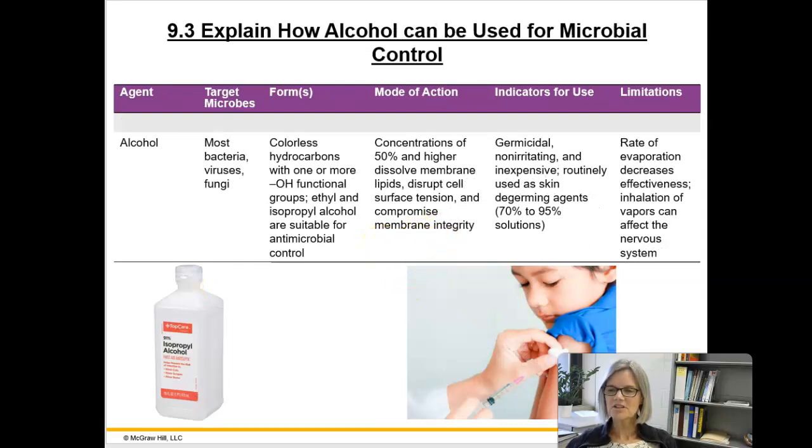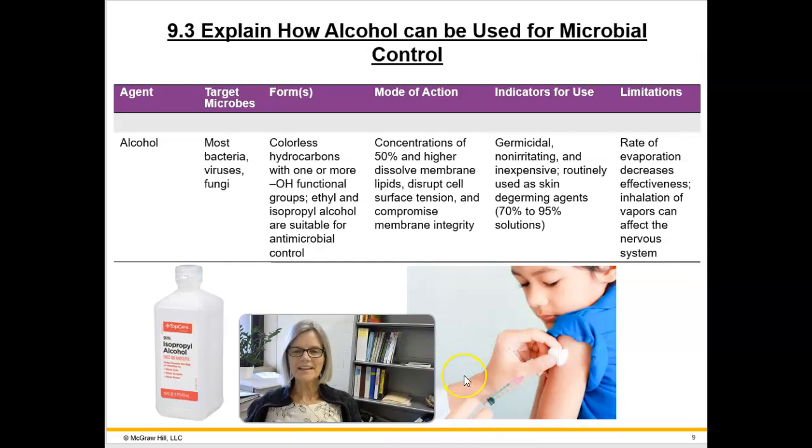The next chemical I want to talk about is alcohol. And again, alcohol is one of those we have at home. It's definitely a low-level germicide. Here it says it kills most bacteria, viruses, and fungi. So depending on how you use it, you might be able to use it as an intermediate-level germicide, but mostly what we're doing is using it as a low level.